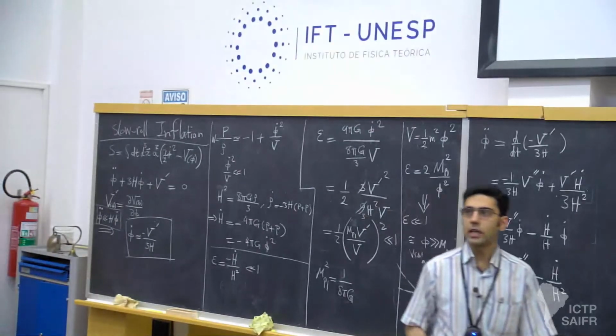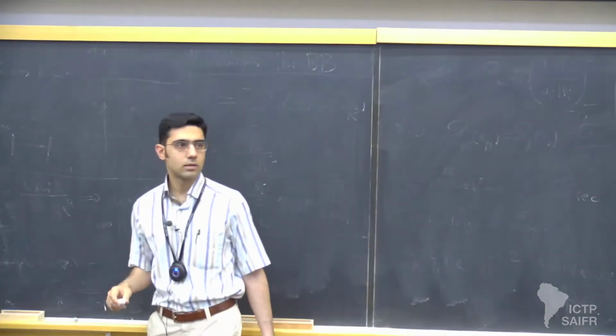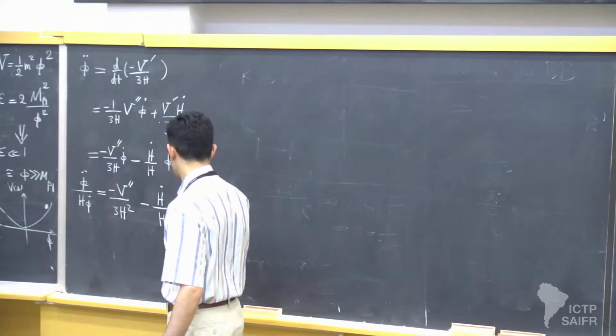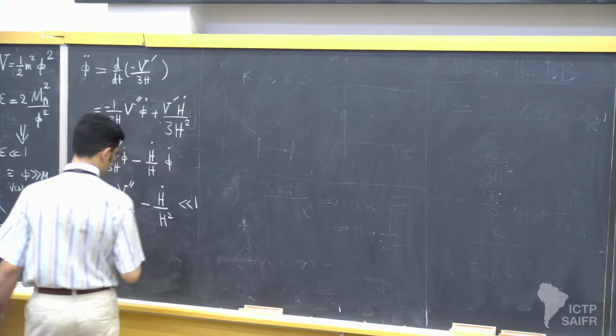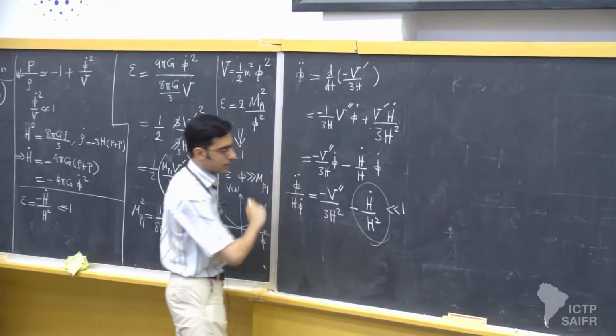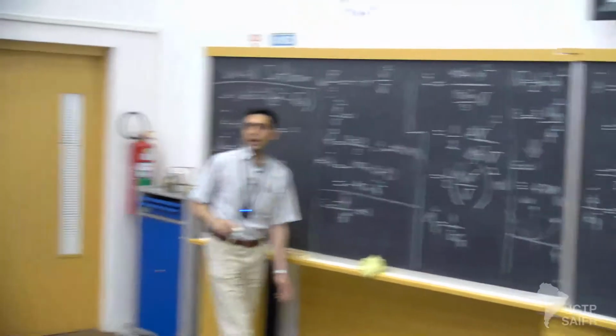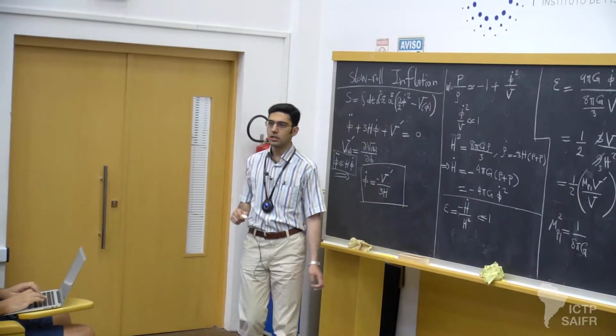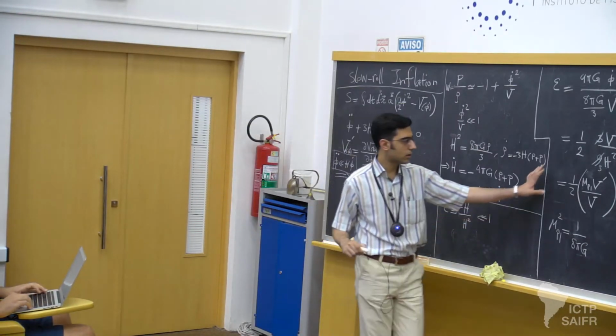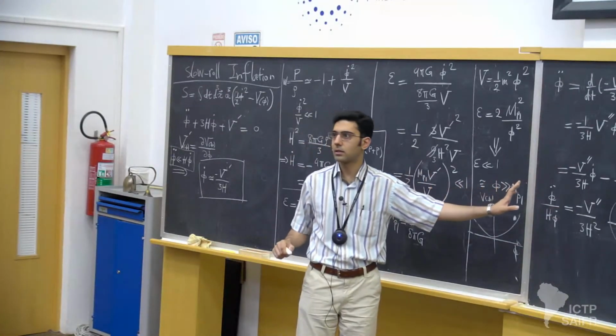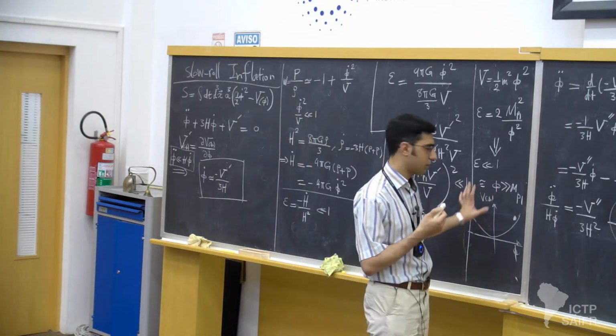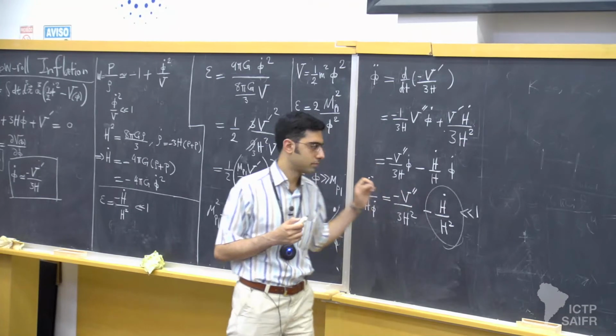So we want this ratio to be much less than 1. This part we already talked about. This is exactly epsilon. So we know how to make it small.